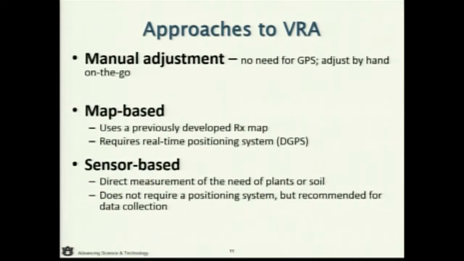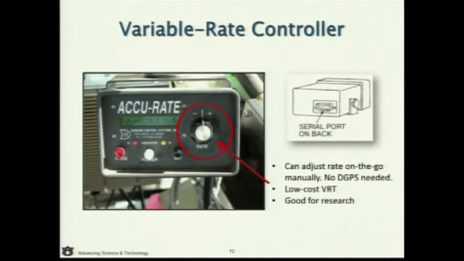Yeah, and I think we're just starting to see the sensors grow. We're starting to see some interest in that, and it's exciting because that really drives down to the essence of what we think about when we consider site-specific management. So going back, we're going to focus again on rate controllers. This is just an example of one.